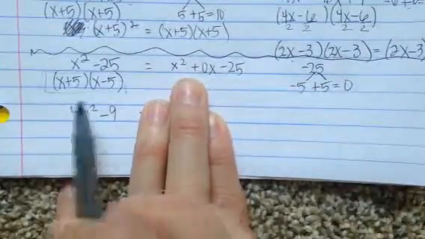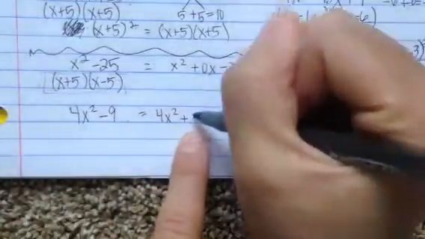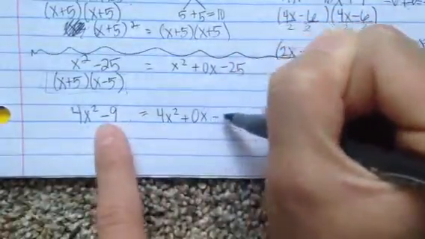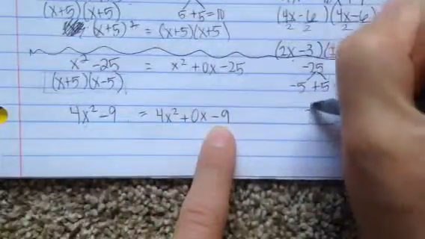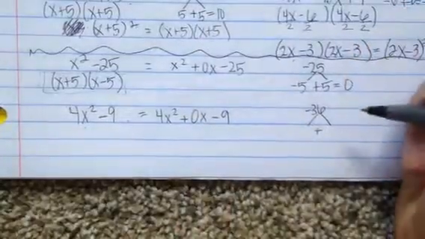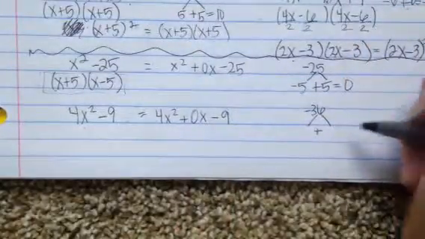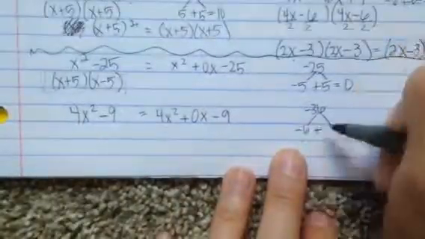So is there a number that can come out of 4 and 9? Nope. So then I'll go on to the next one. Okay, so 4x squared plus 0x minus 9. Okay, so 4 times negative 9 is negative 36. Two numbers that multiply to get negative 36 and add up to get 0 are going to be negative 6 and positive 6.